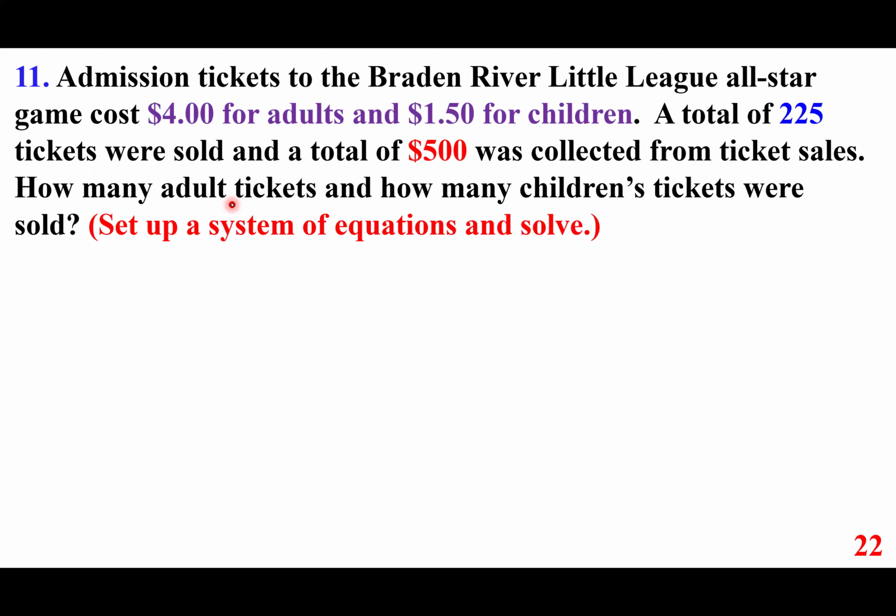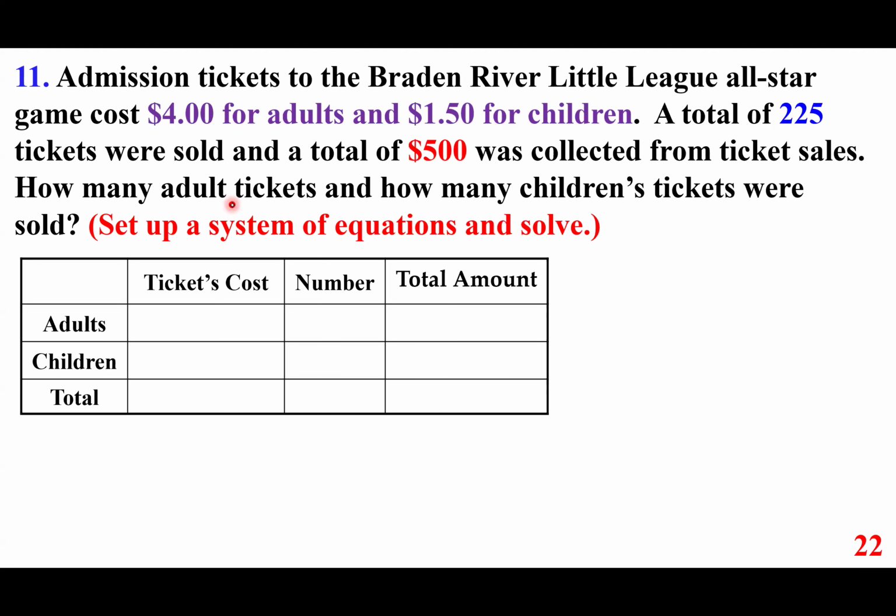So we are going to set up a system as follows. Adults, children, total, the ticket cost, the number, the total amount. So let's plug in what we have.